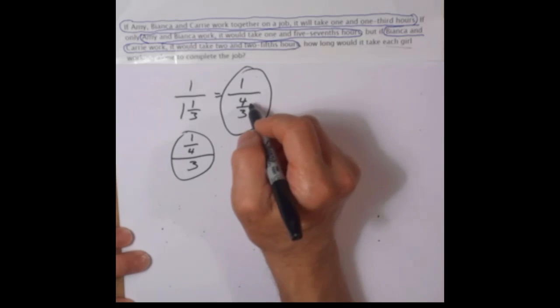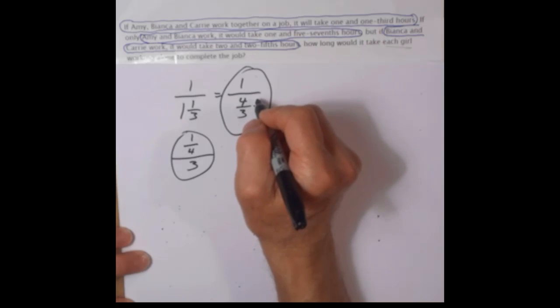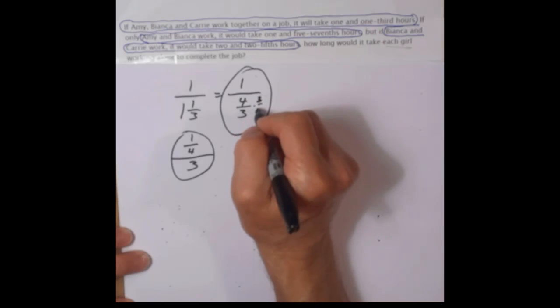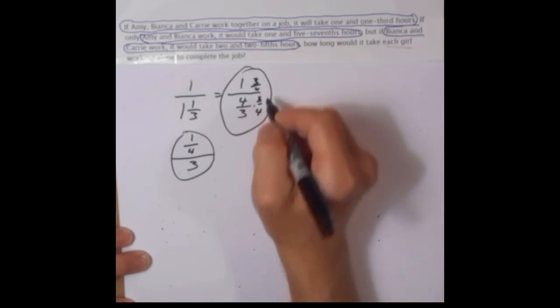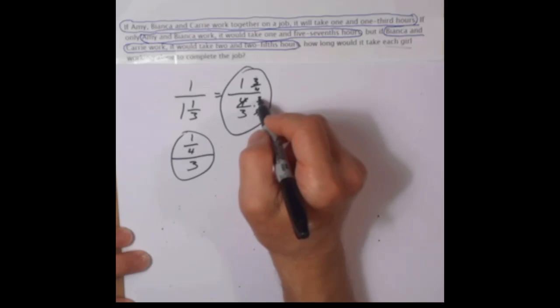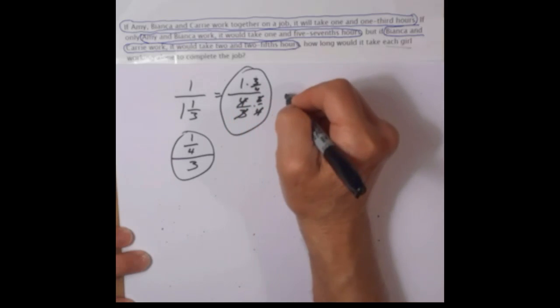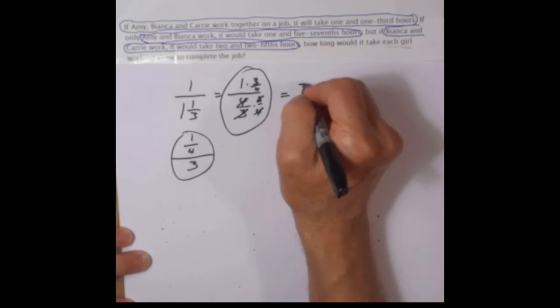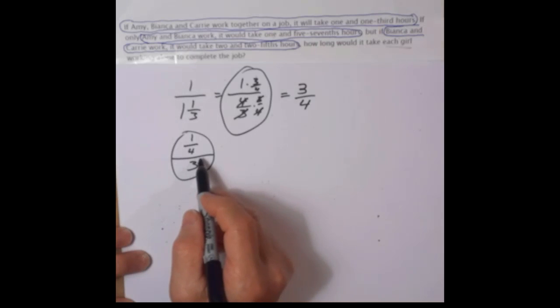And remember what we did there. We multiplied the reciprocal on both sides. So 3/4 here and 3/4 here. And we canceled these out. And we came up with 1 times 3/4, which is 3/4. Well, look what happens when we do that with this one.